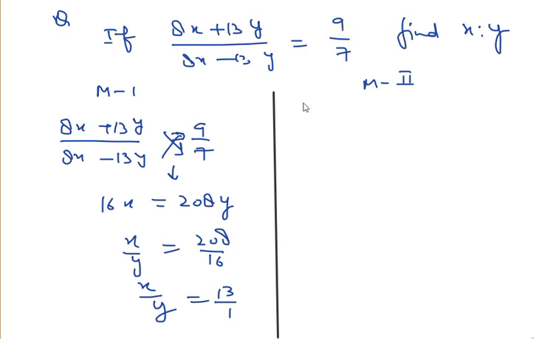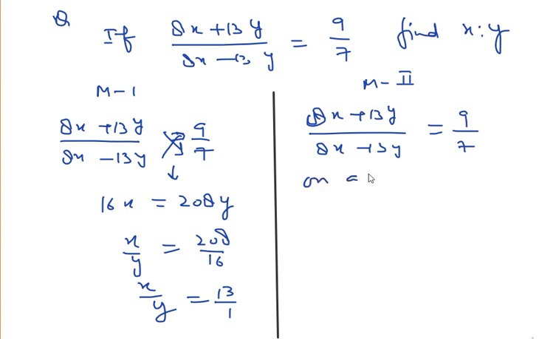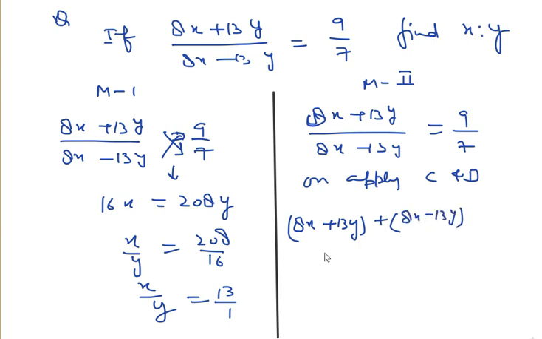So whenever we have such a question, 8x plus 13y upon 8x minus 13y is equal to 9 upon 7, on applying componendo and dividendo, numerator plus denominator upon numerator minus denominator, 8x plus 13y numerator plus denominator upon numerator minus denominator.